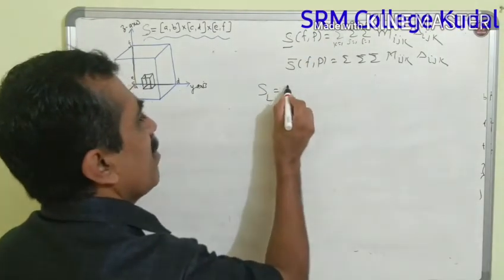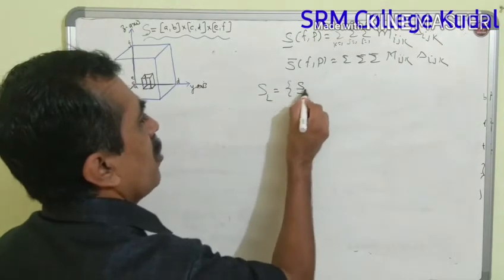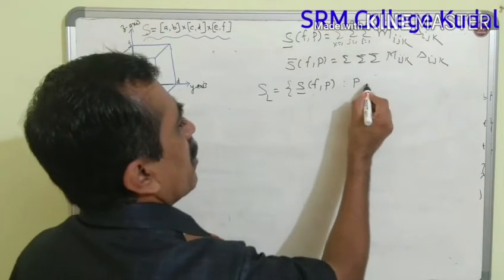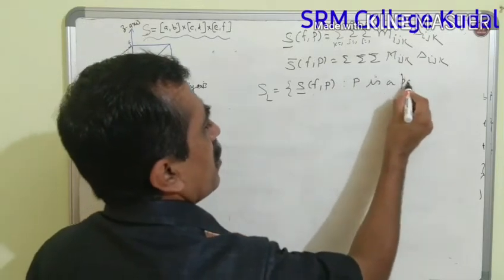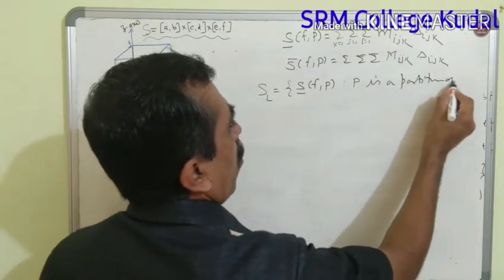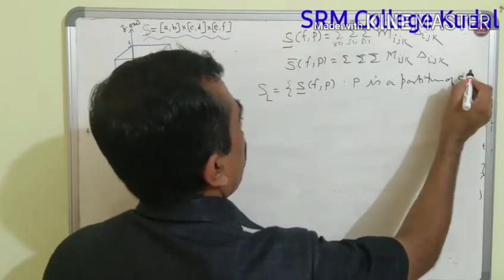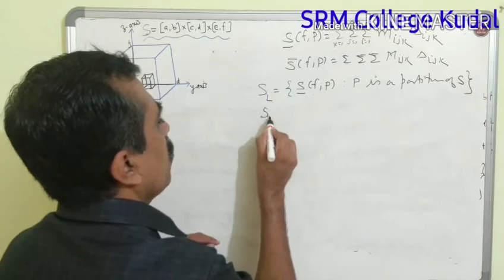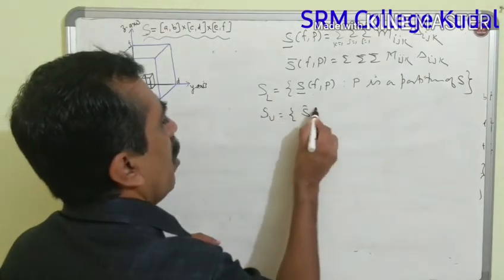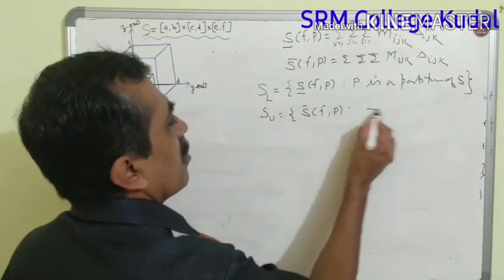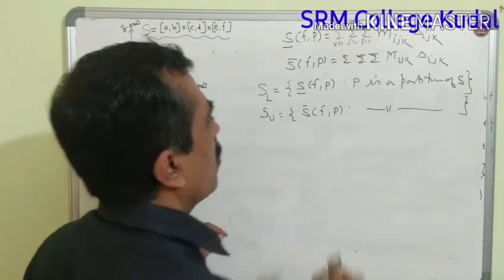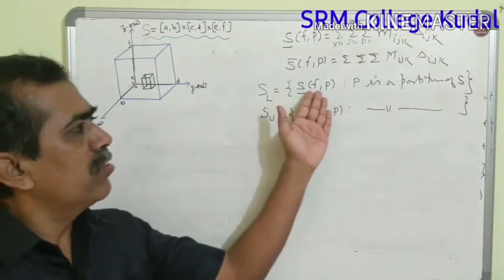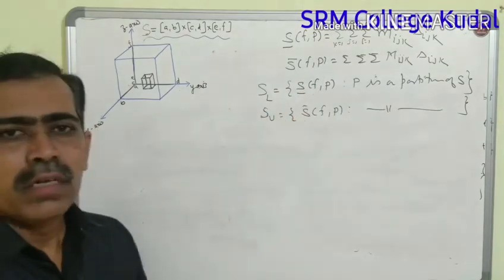Let SL be the set of all lower sums of function f with respect to each partition P, where P is a partition of S, and suppose SU is the set of all upper sums such that P is a partition of S. So this is how I have collected all the lower sums and all the upper sums.